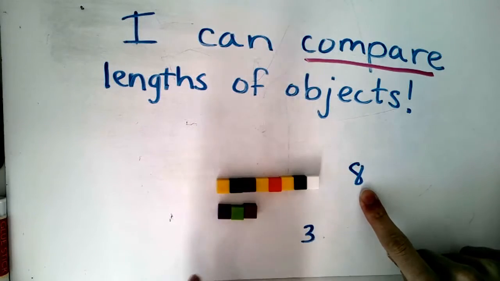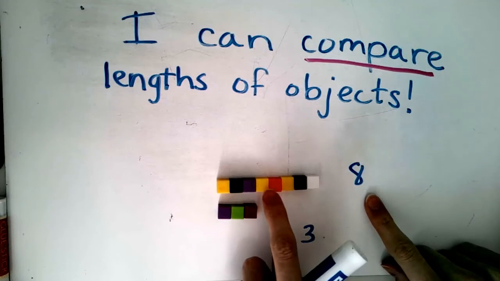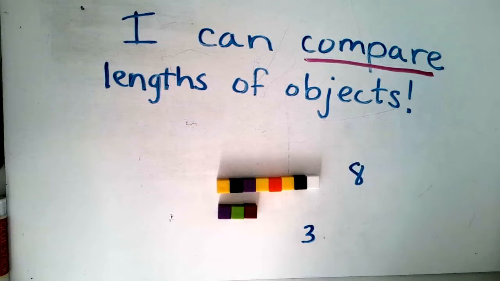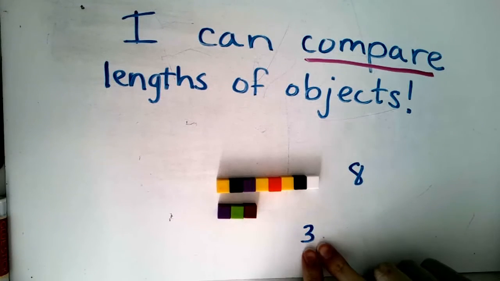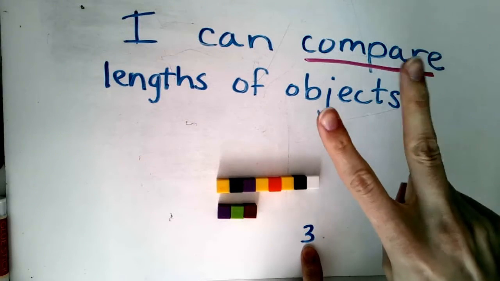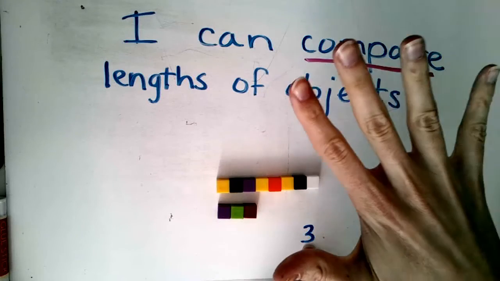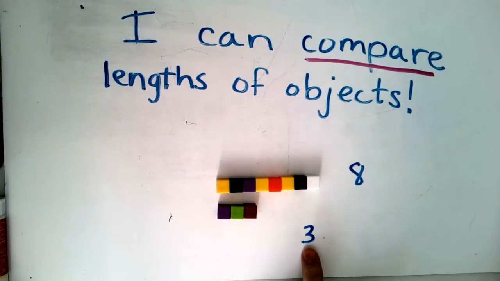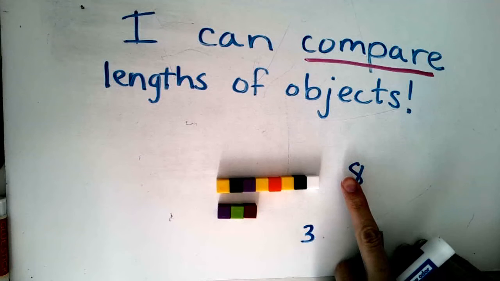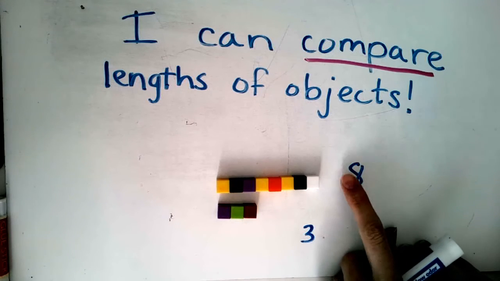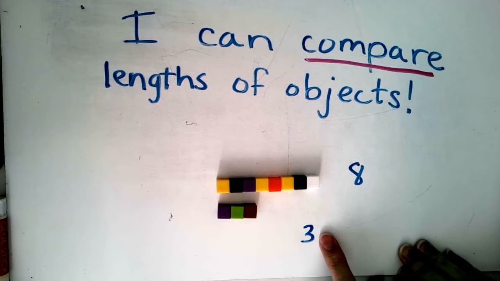What is left here? I have 1, 2, 3, 4, 5 cubes that are different. Or I could count on: 3, 4, 5, 6, 7, 8. 5 cubes. So we would say the glue stick is 5 centimeter cubes longer than the counter.